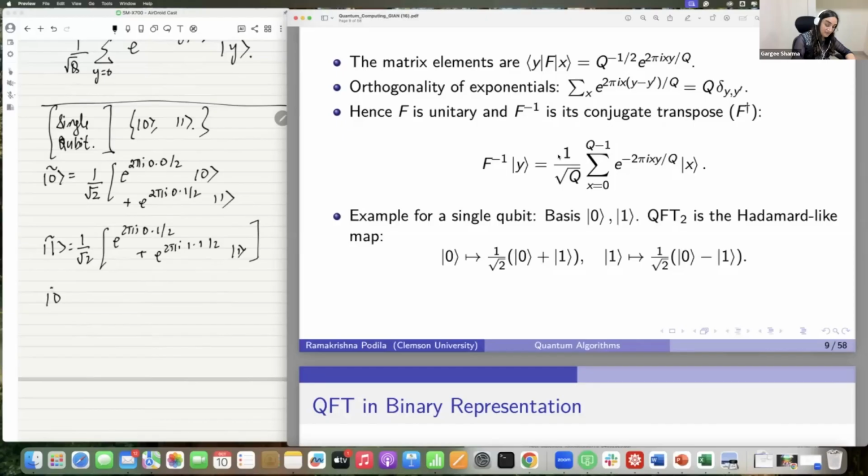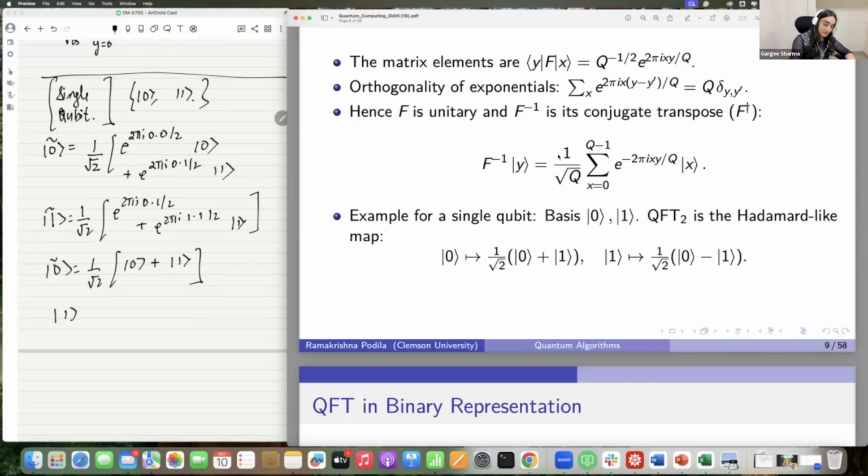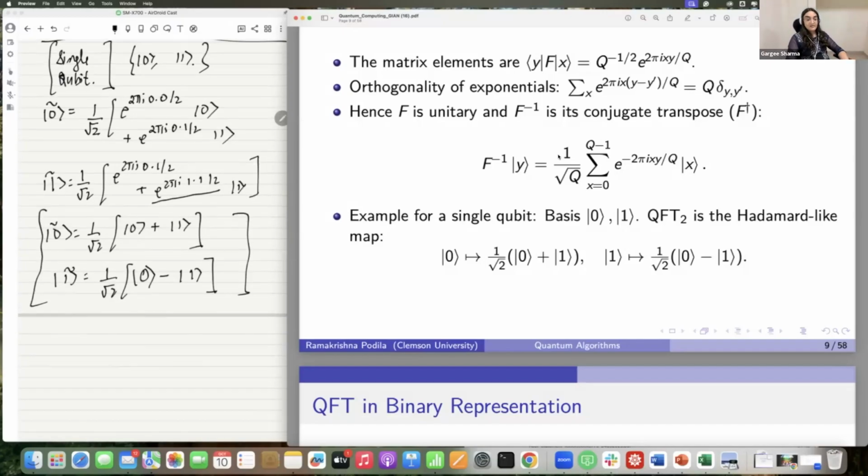So what is 0 tilde? 0 tilde is 1 over root 2, 0 plus 1. And what is 1 tilde? 1 divided by root 2, 0 minus 1, since exponential i pi is minus 1. So this is my Fourier transform for a single qubit.